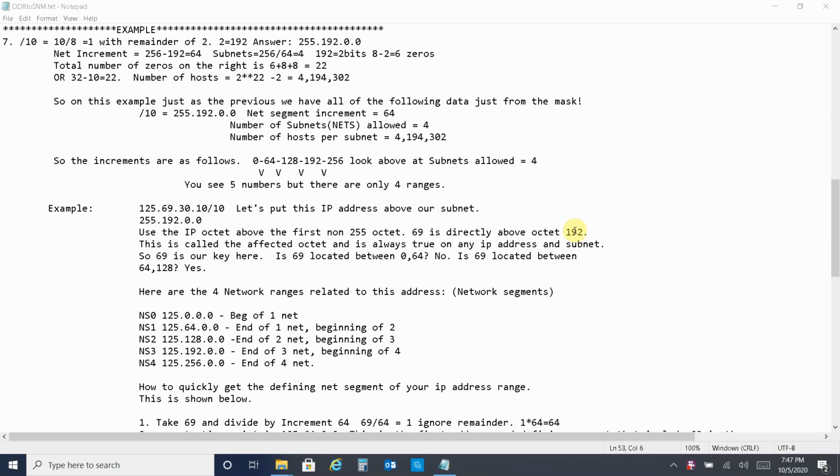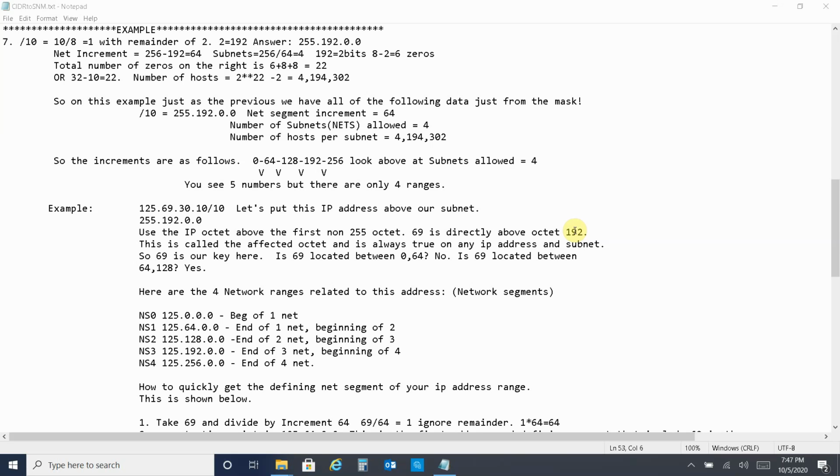Our net increment is our formula. We take 256 minus 192, which is the active octet. That equals 64. Then we take 64 to find our subnets, and we do 256 divided by 64 equals 4. Okay? So we got our 192 equals 2 bits, and 8 minus 2 equals 6 zeros.